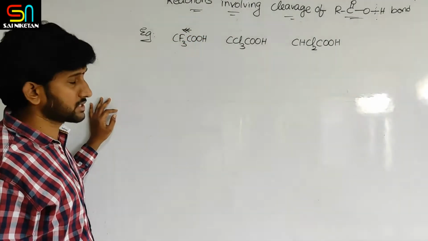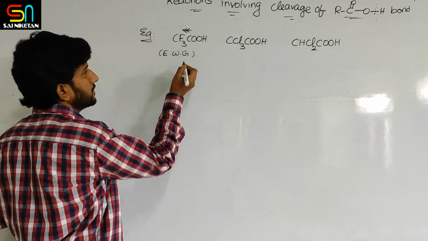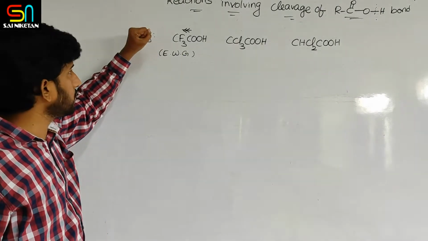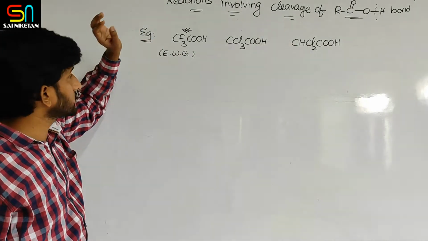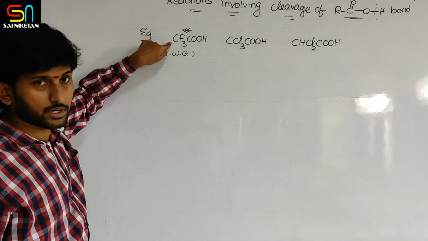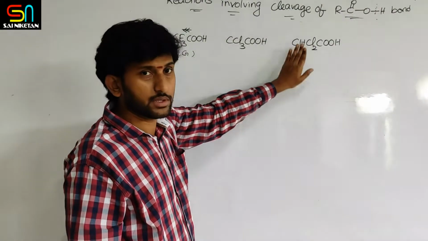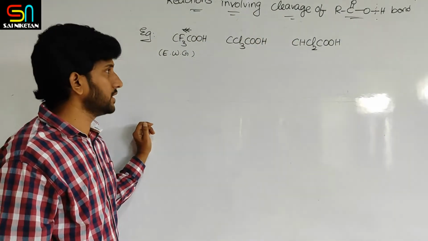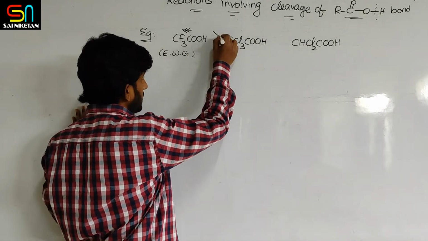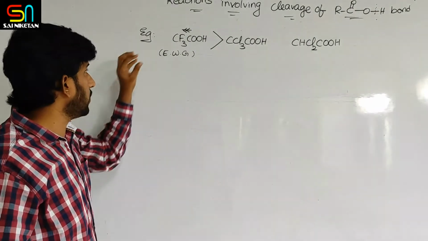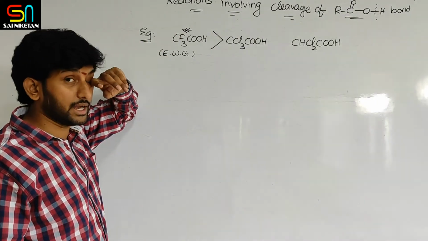As we have discussed, if the electron withdrawing group is strongest, then the acid strength will also be strongest. CF3 is much stronger electron withdrawing in nature than CCl3, than dichloro, than chloro. So trifluoroacetic acid will be more acidic because of three electronegative fluorine atoms.